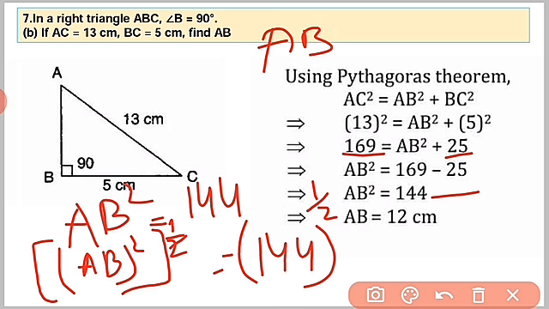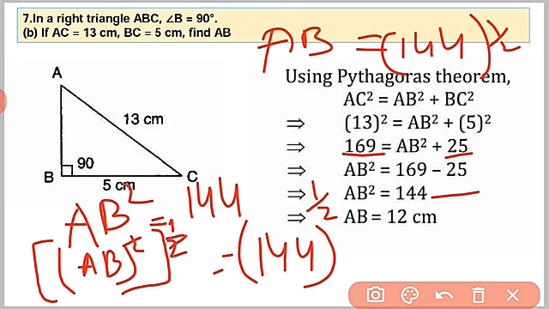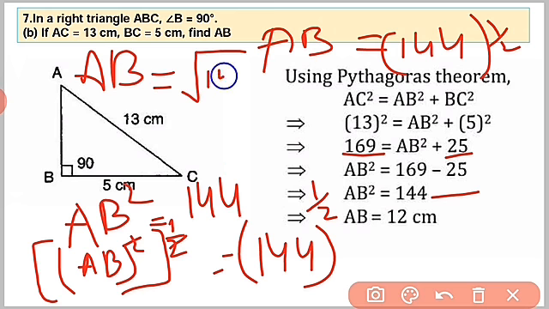This 2 and this 2 will cancel out, and we are left with AB is equal to 144 raised to power half, and we know anything raised to power half means under root. So AB will be equal to under root 144. We have to find the square root of 144 to get the side AB.